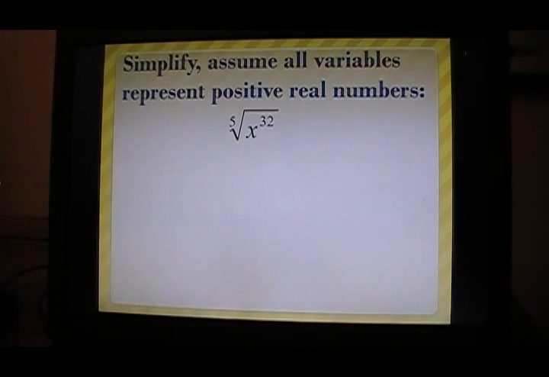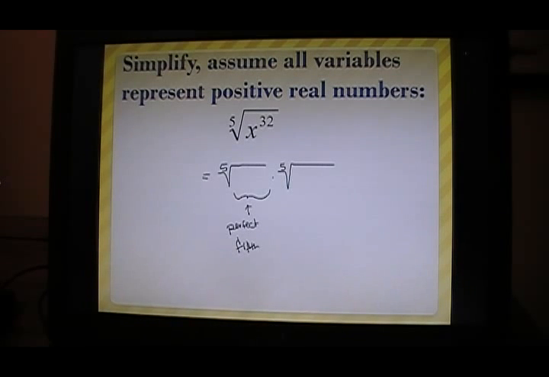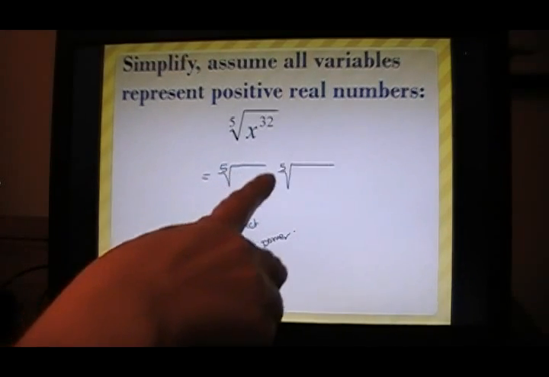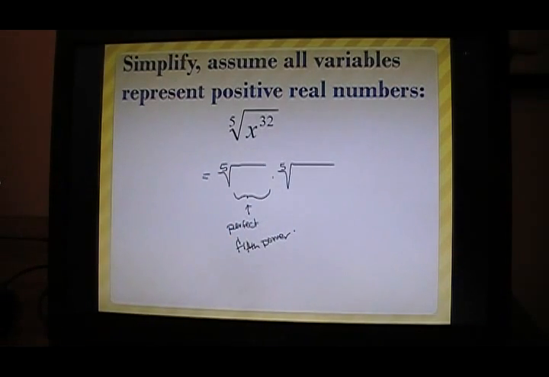Okay? So when I go to do my split, I'm going to rewrite this as the product of 2 fifth roots. Again, what I put here is going to be a perfect fifth power. The easiest way to recognize those would be numbers where the exponent's divisible by 5. And what I put here cannot be divisible by a fifth power.